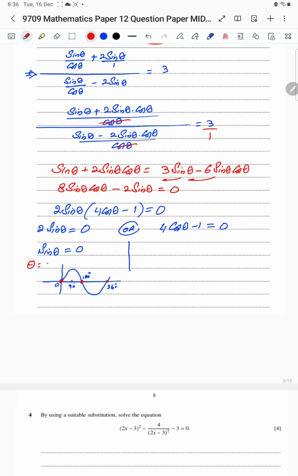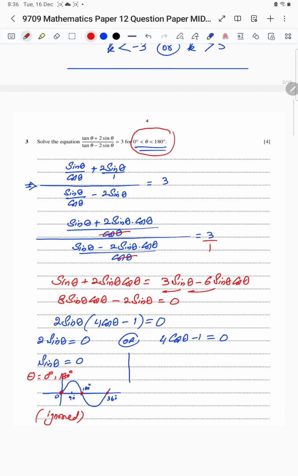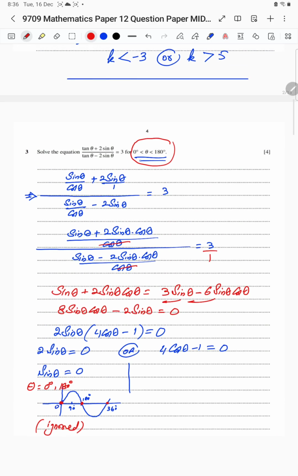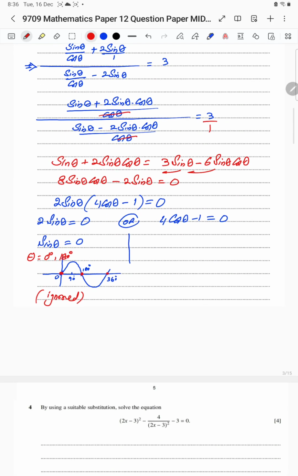Theta can be 0 degrees or 180 degrees only, but as our answers must lie between these, we ignore these values. They are not part of our solution because the domain says theta must fall between 0 and 180 degrees, exclusive.